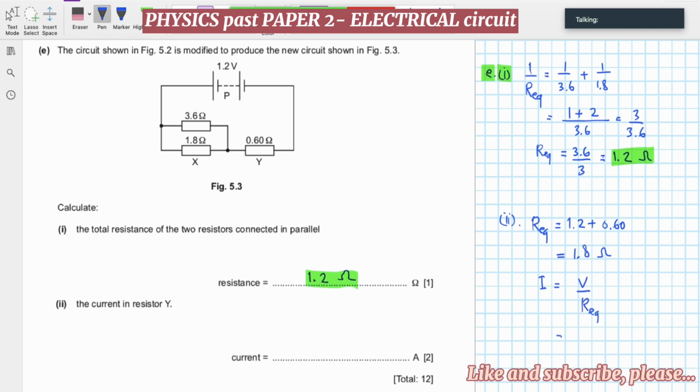V is 1.2 and this is 1.8, which is 2/3, 0.67 ampere. Okay, that's it.